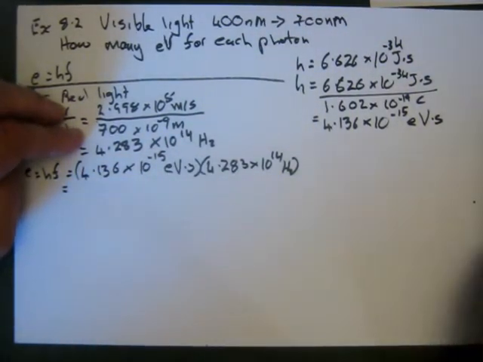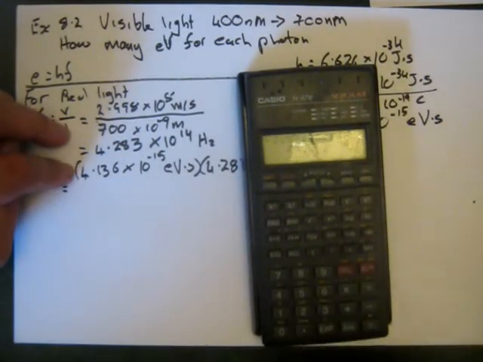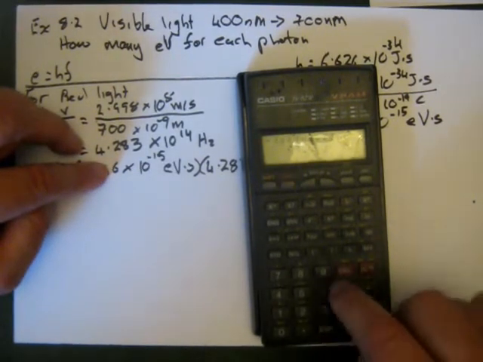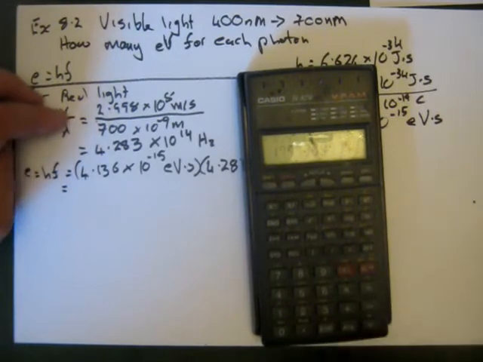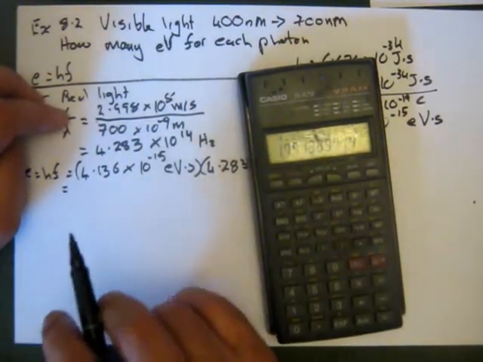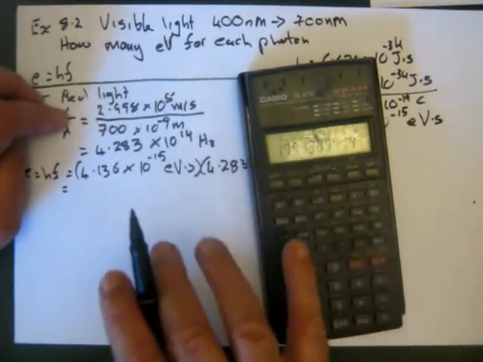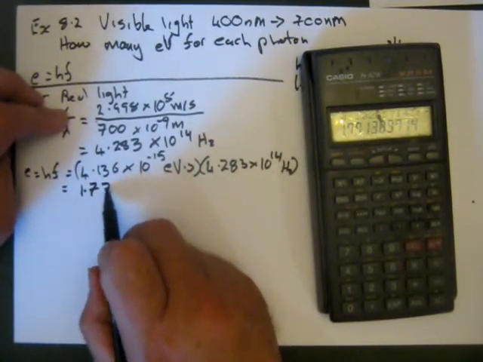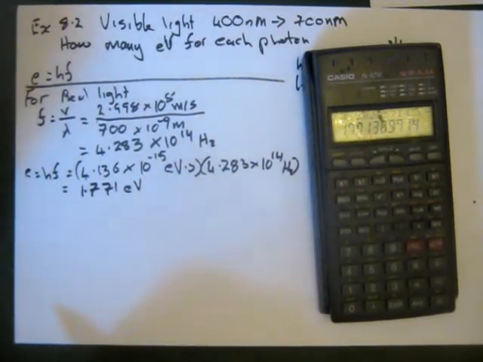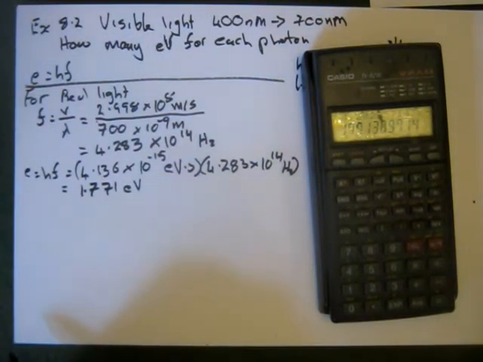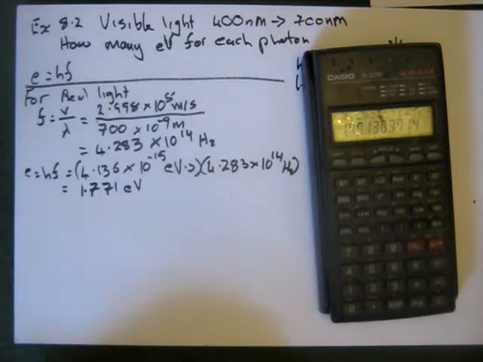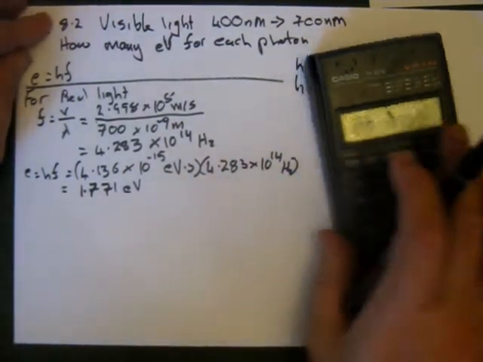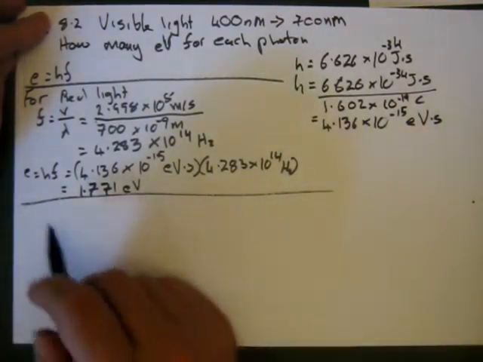Stick that all in the calculator: 4.136 exp negative 15 times 4.283 exp 14 equals 1.771 electron volts. And does that seem reasonable? Yeah, light's usually in the range between about 1 to 10 electron volts, so that seems perfectly reasonable to me. So now we're going to repeat this again for blue light.